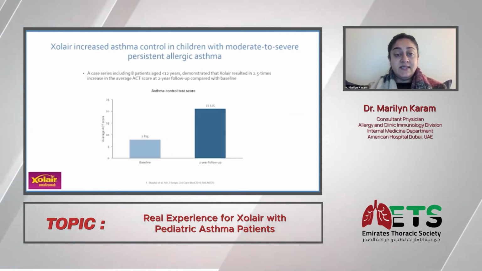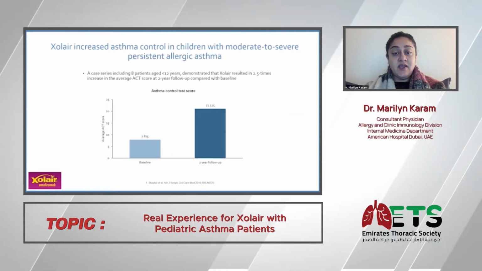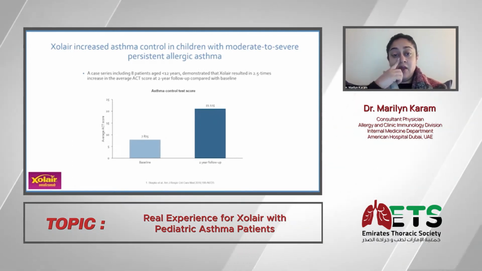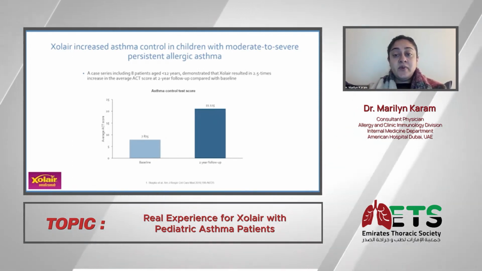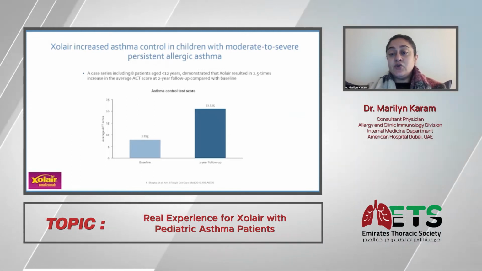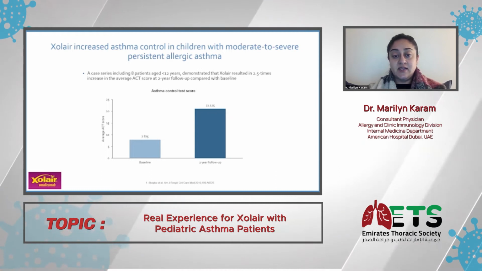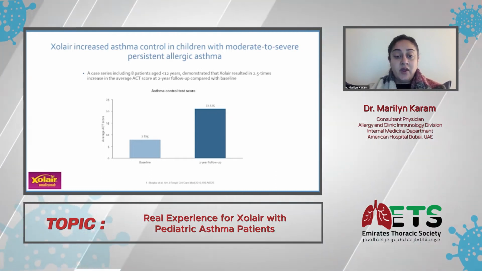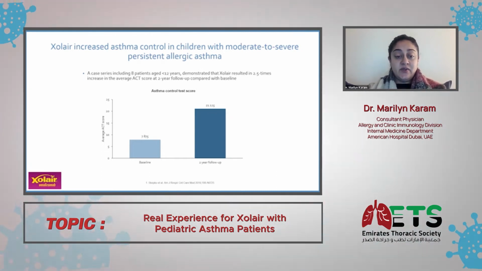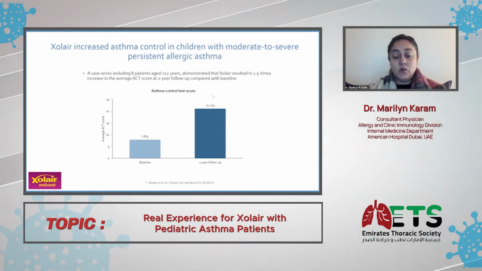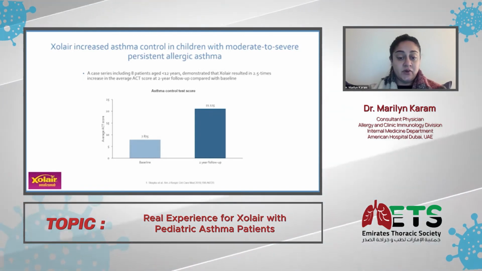So in this case series of 8 patients aged less than 12 years, who were followed up for 2 years, omalizumab resulted in a 2.5 times increase in their average asthma control test over the 2-year follow-up. You can see the difference between a score of 7.8 and a score of 21, which means that your asthma is more controlled.